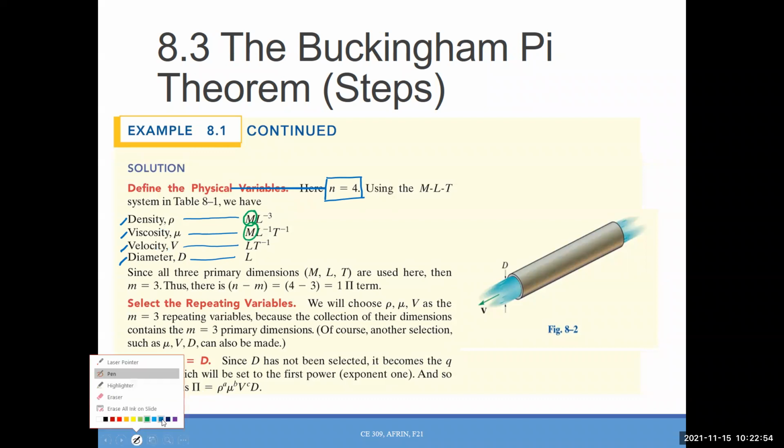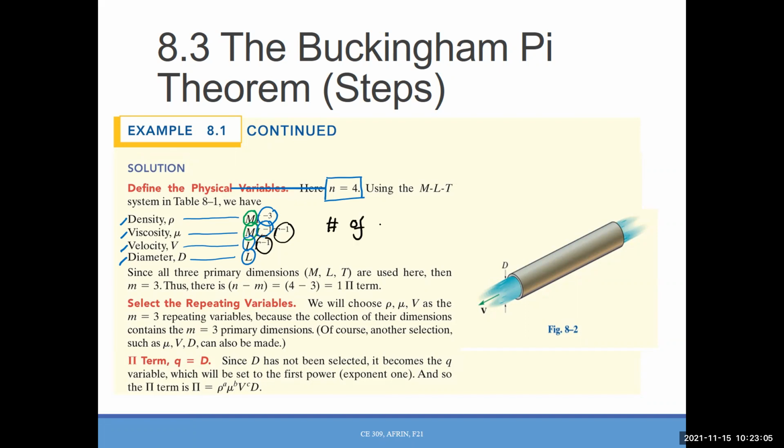We have L, and we have T. So how many different primary dimensions do we have? 3, right? M, L, T. Okay, so our step 1 is done.